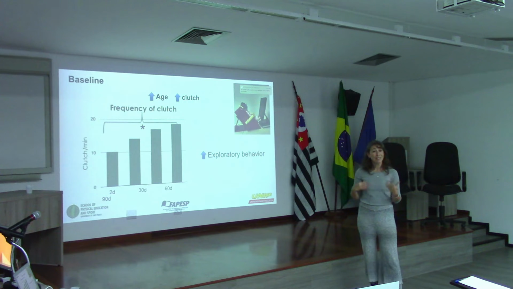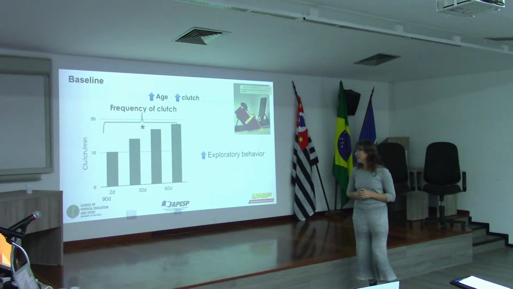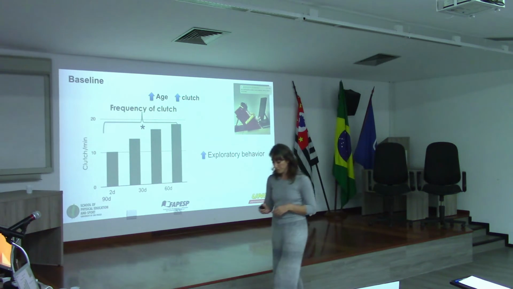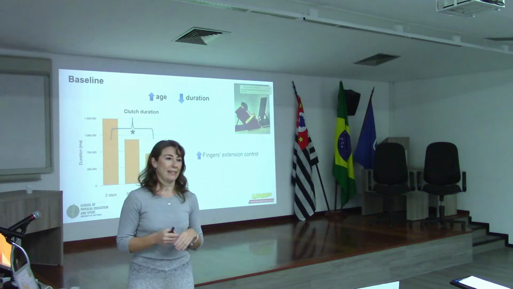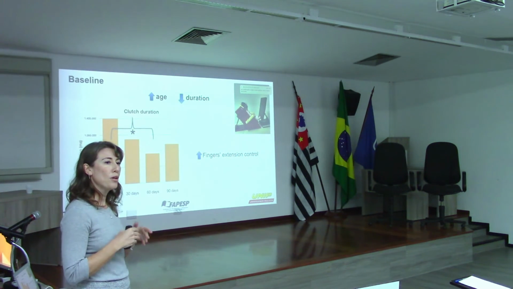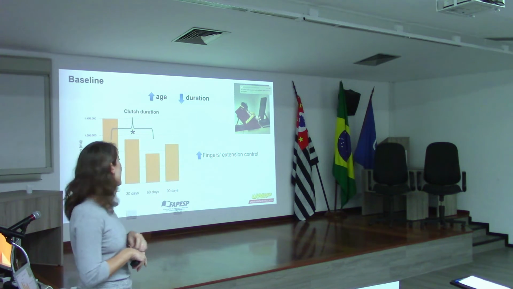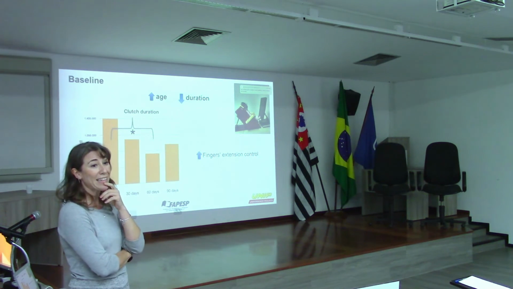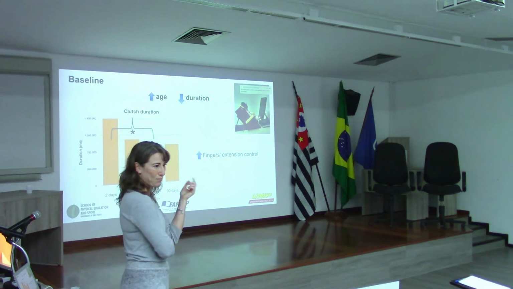So we see this exploratory behavior increase from 2 days old to 3 months old. And we see also that the time of each clutch, so how long he stays in each clutching behavior, is getting smaller when they get older.